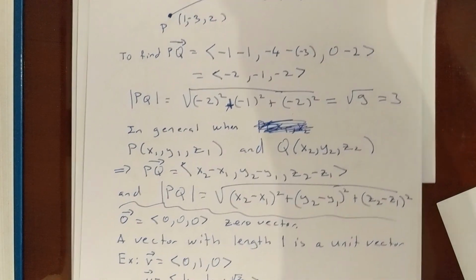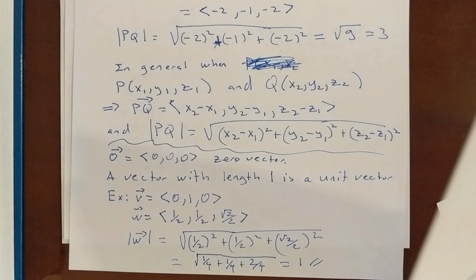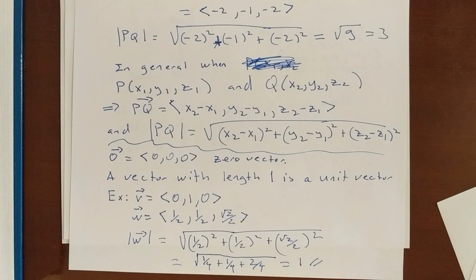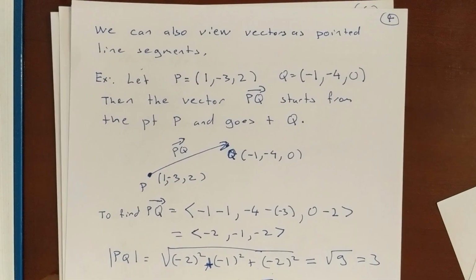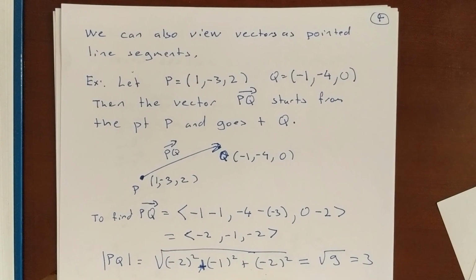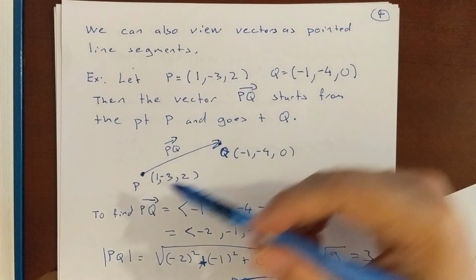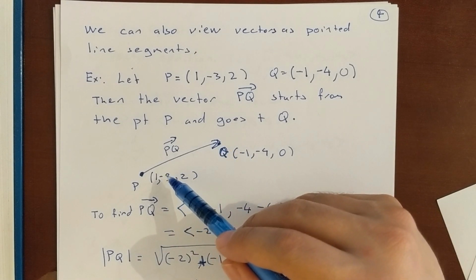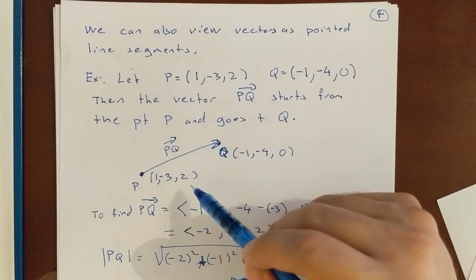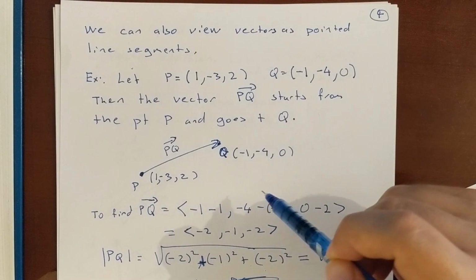We can also, so far, every one of these vectors have been starting from the origin. Their tail is at the origin, and their head is at some other point. Okay. Now we can give ourselves some flexibility here. What we can do is take any 2 points. Let's say we take points P and Q. I gave the coordinates here for P, 1, minus 3, 2, and minus 1, minus 4, 0 is the point Q. Okay.